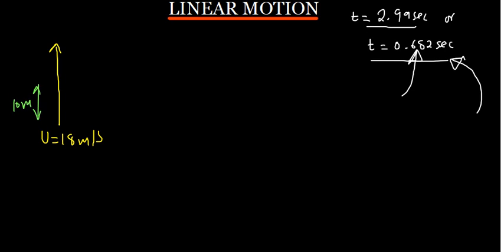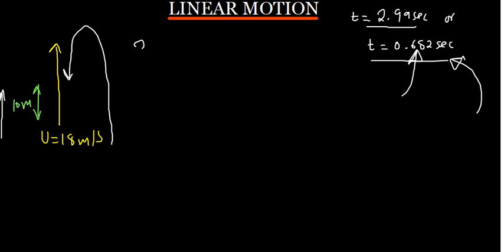Now, the velocity can be either the one when you are going up or the one when you are coming down. So you expect two values of velocity, but they are supposed to have opposite signs. The magnitude is the same because it's the same position, but the signs are opposite because you are moving in opposite directions.